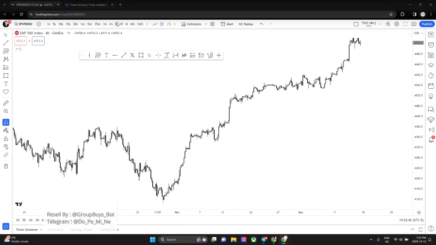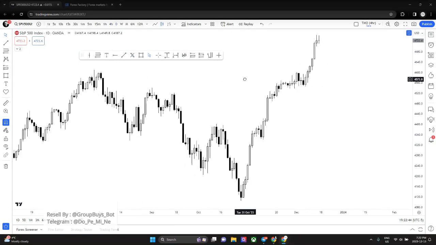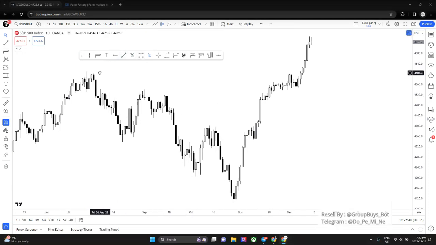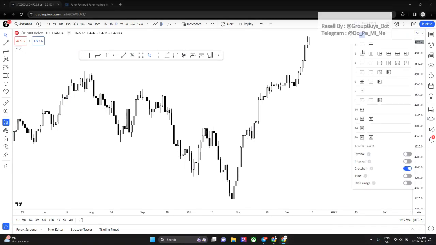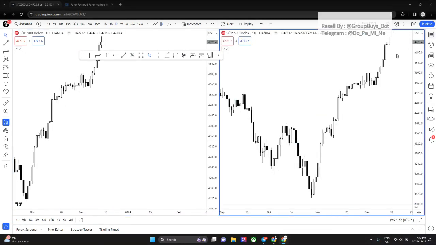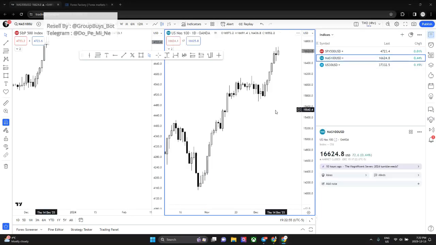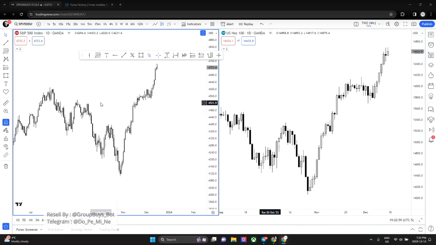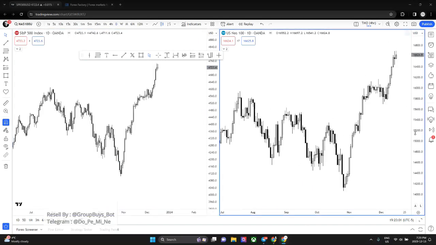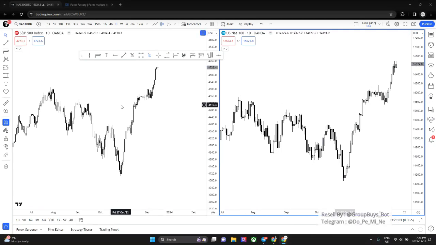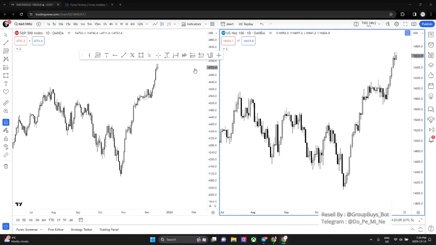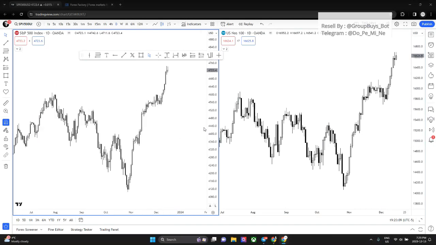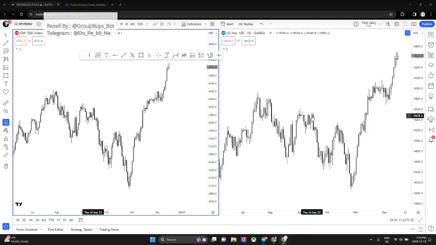I'll give you an idea of what we'll be looking at. Let me get the Nasdaq as well. This is something basic, but ICT teaches this late in his premium course, and it is one of the most important things that you must learn.